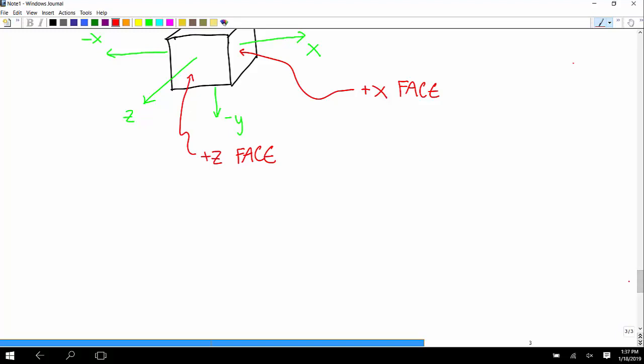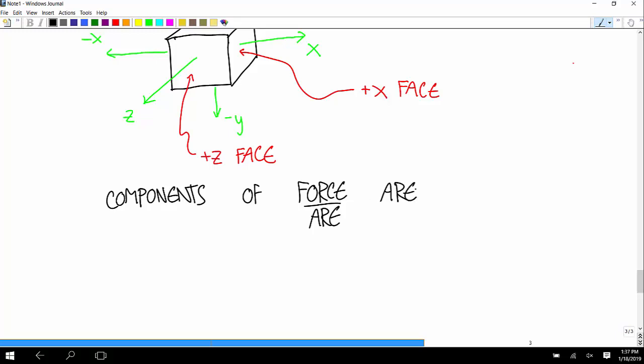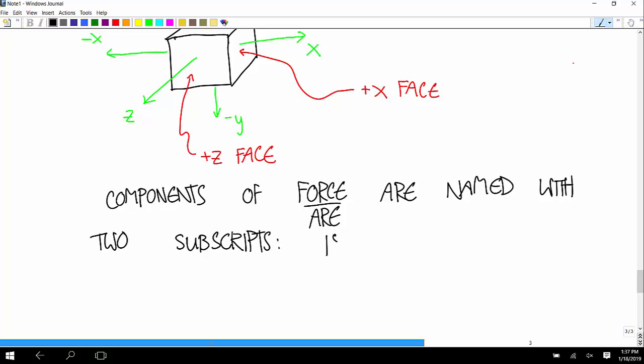Okay. And the components of these forces, force per area, are named with two subscripts. The first one represents the face.